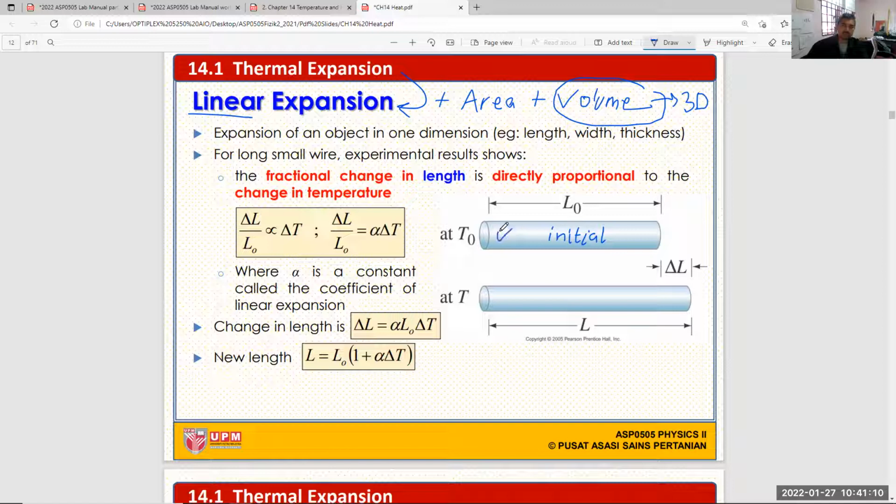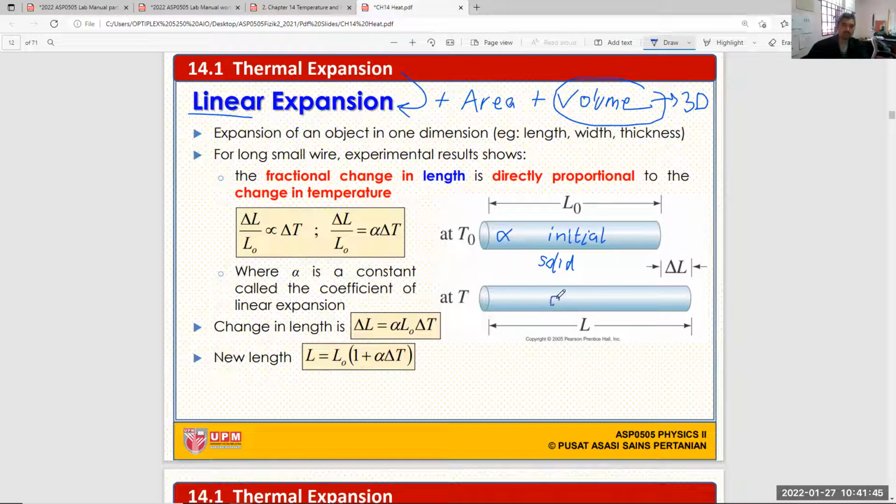Also at room temperature, since our consideration during thermal expansion, the temperature change is not so big, in a practical sense, this solid does not change its state into liquid. It still remains solid before and after.